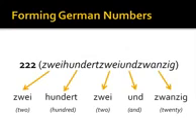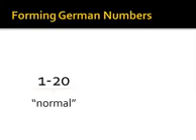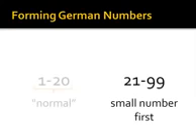So, just for a review really quickly. Numbers 1 through 20 are formed normally, the same way we would do it in English. However, once we get to numbers 21 through 99, the small number will come first.